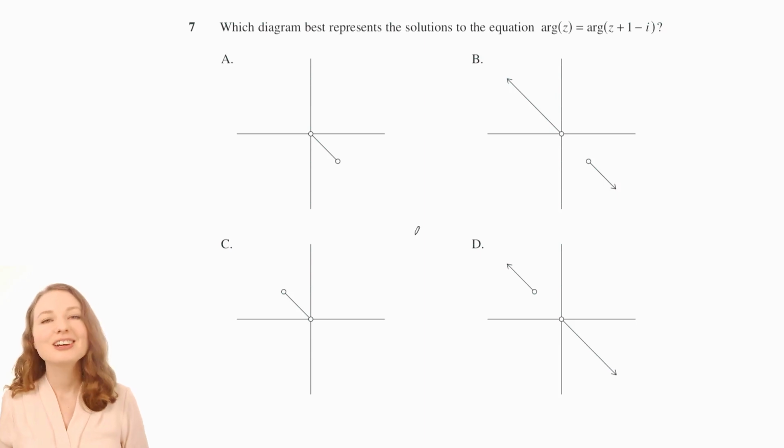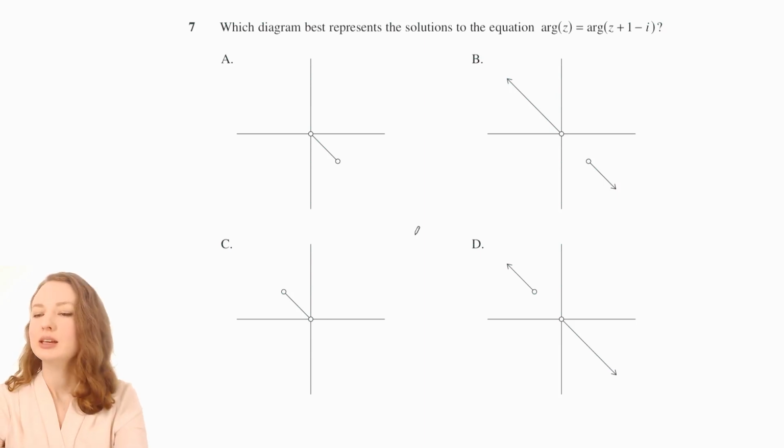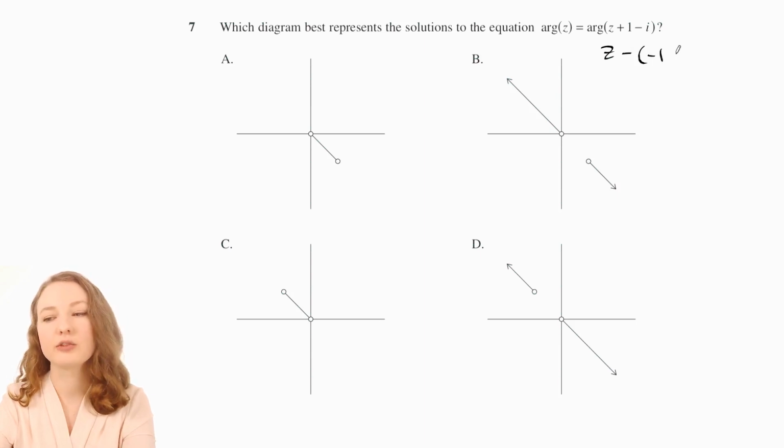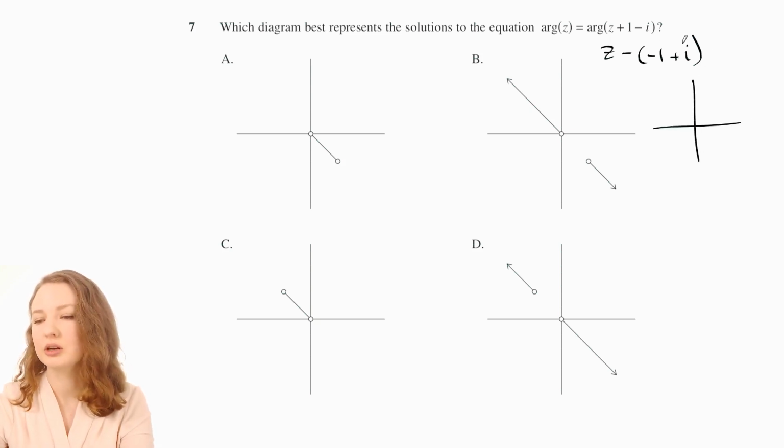Question 7. The way that I would think about this one is that this is z minus (-1 + i), and that means the vector from that point to that point. So if you imagine that's sort of around there, and let's just pick a random z.